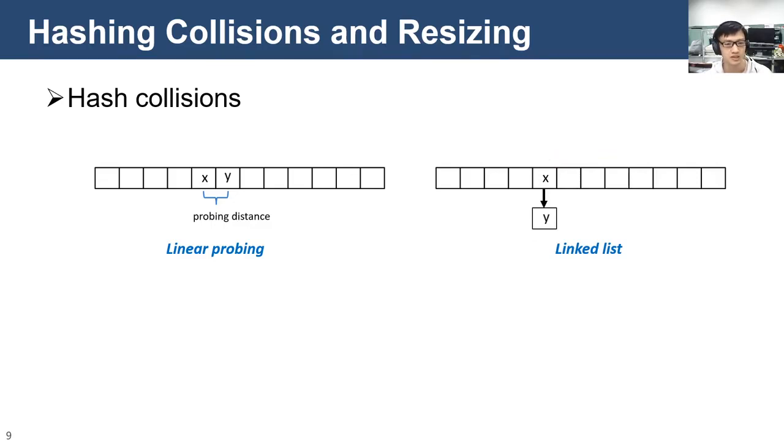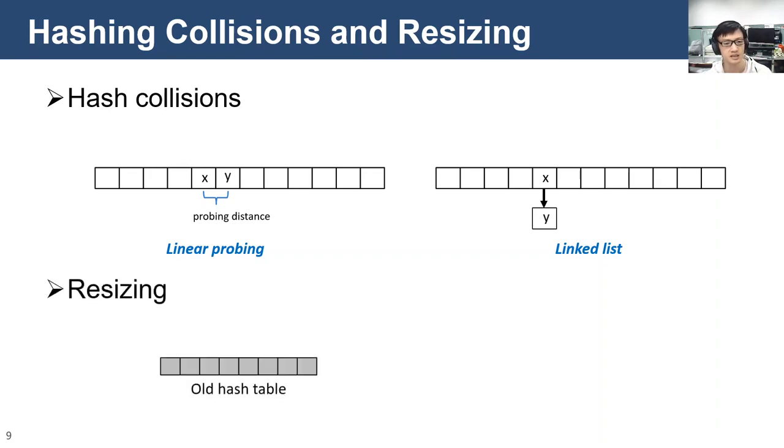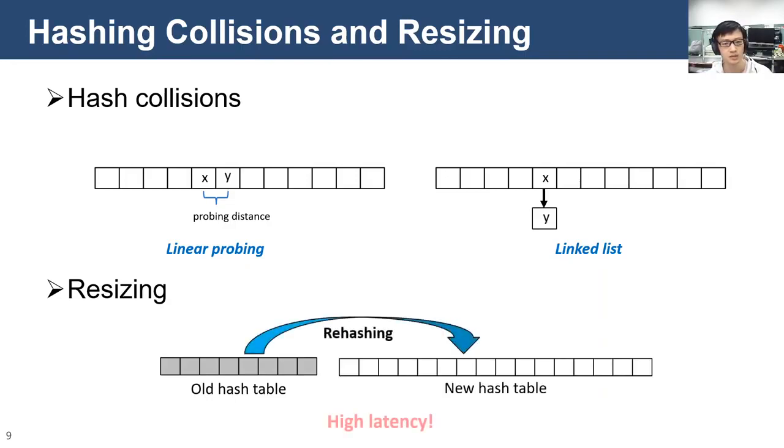However, when hash collision cannot be addressed or the hash load factor approaches a threshold, the hash table needs to be resized to increase the capacity. The traditional resizing allocates a new table with 2 times as many buckets as the old table and rehashes items from the old table to the new one, thus leading to high latency.